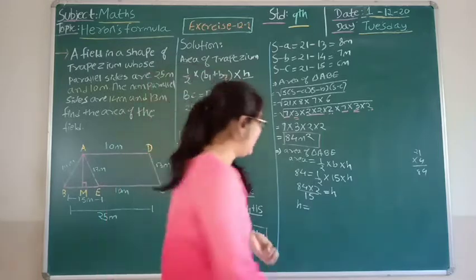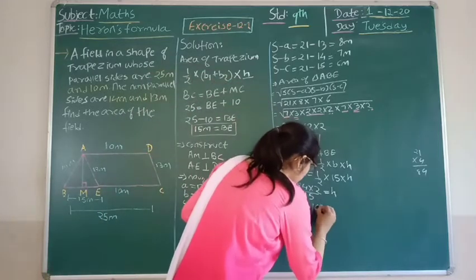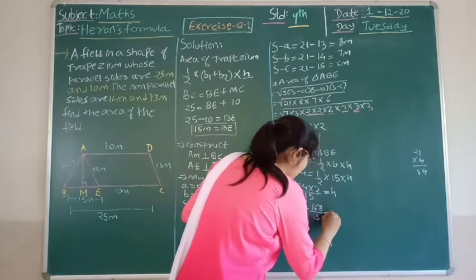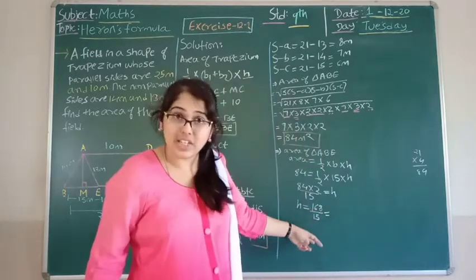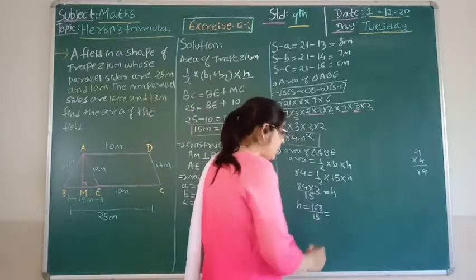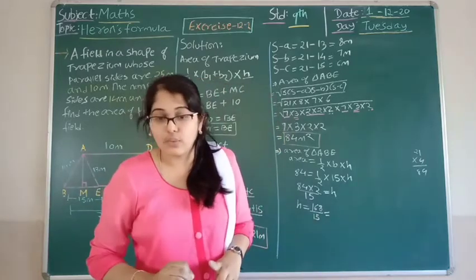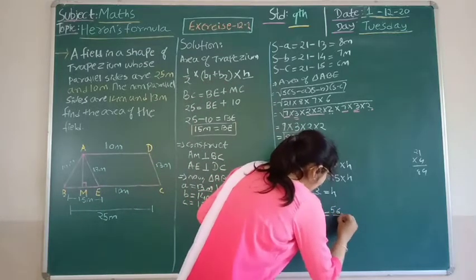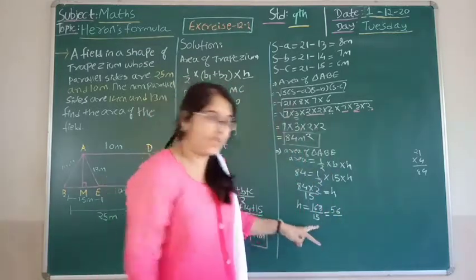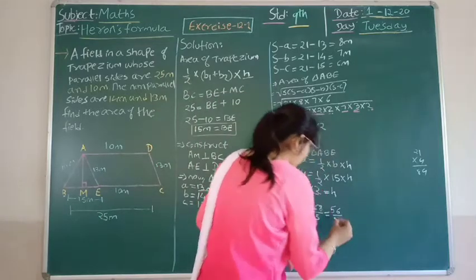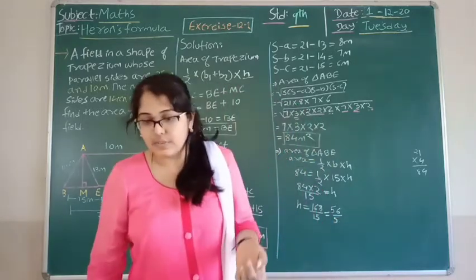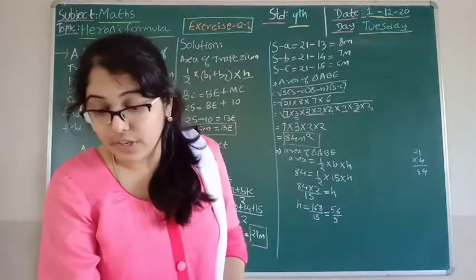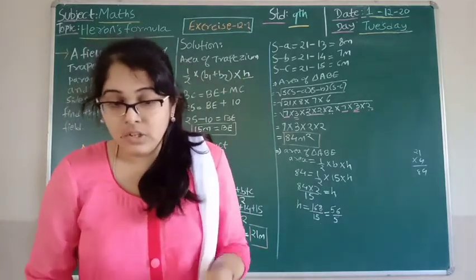So I am getting 168 divided by 15. And further if I divide both of these by 3, that will be 3 into 56 equal to 168, and 3 into 5 will equal 15. And again, the answer which I am getting is height equals 56 by 5. So this is how we will get the height.